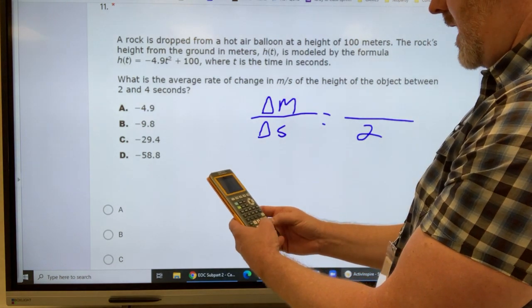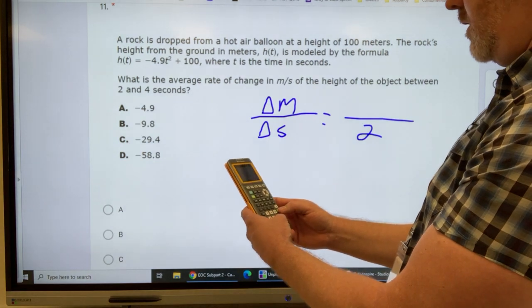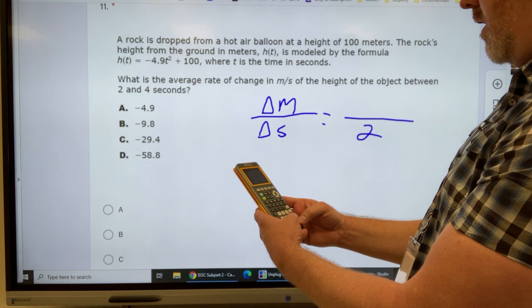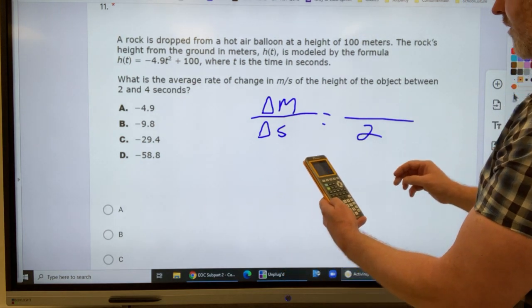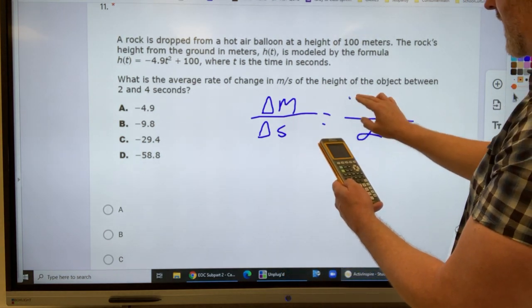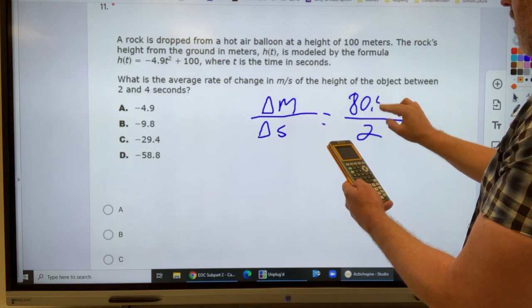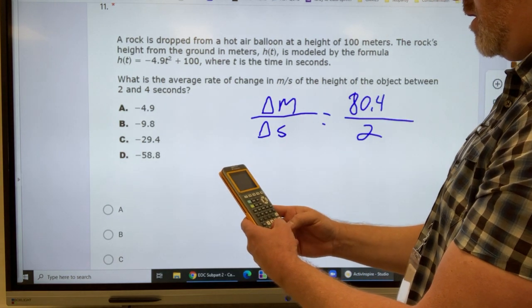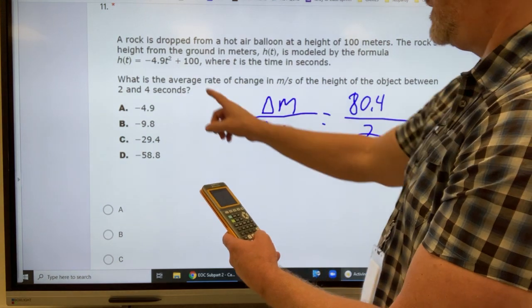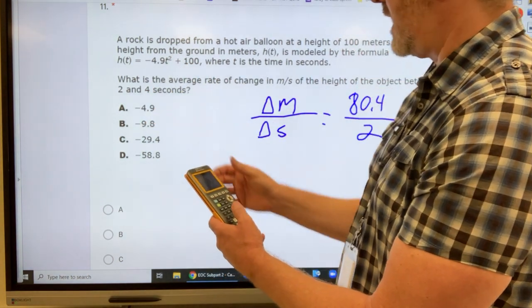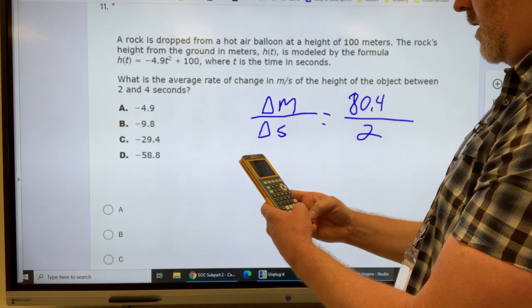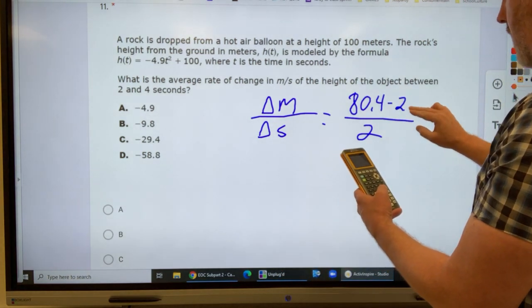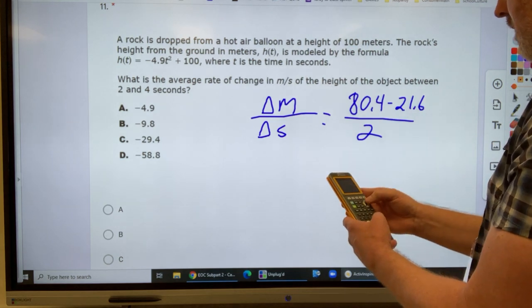Negative 4.9 times 2 squared, well, I'm just going to do times 4, plus 100. At 2 seconds, it is at 80.4. And at 4 seconds, times t squared at 4 seconds, that would be 16, plus 100, minus 21.6.